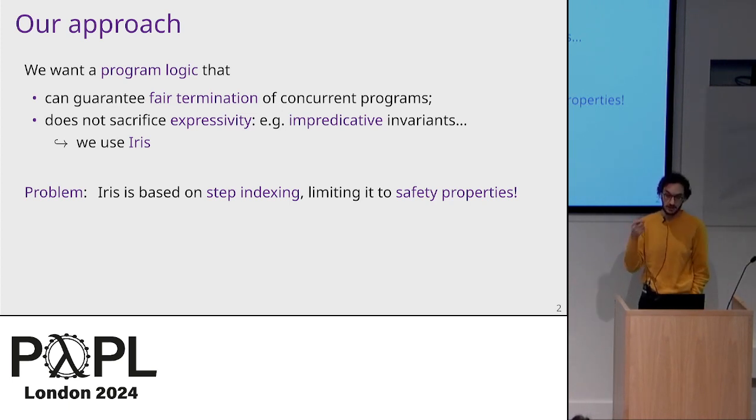And of course, termination is a liveness property. So we cannot attack the problem head on, and we have to take a roundabout road. I would like to note that this is not an artifact of Iris in particular, because the only way we know today to have impredicative invariants is to use step indexing. So this is not just for Iris, but for any logic such as Iris.